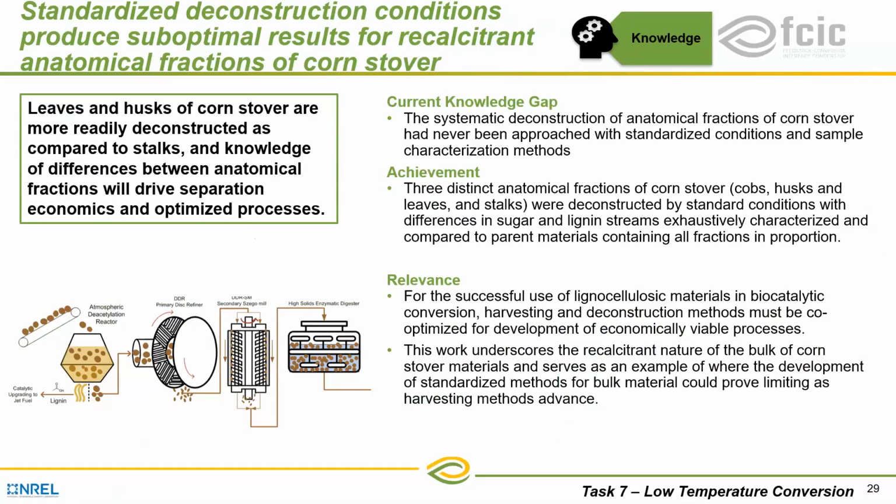So the researchers showed that different anatomical fractions of corn stover, the cobs versus the husks and leaves versus the stalks, were deconstructed differently and saw statistically significant differences in both the lignin and the cellulosic sugar yields. I think this argues in support of a differential pretreatment. Recall, I mentioned a few minutes ago that fractionation work that's going on in preprocessing.